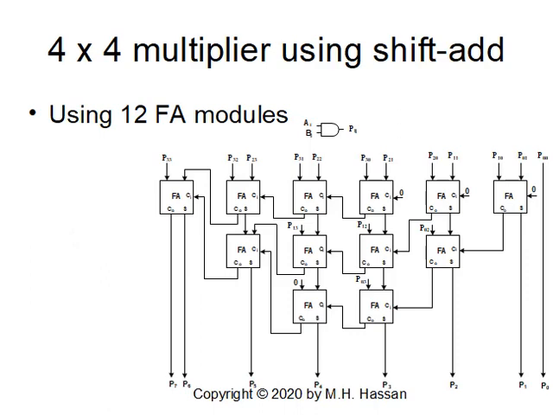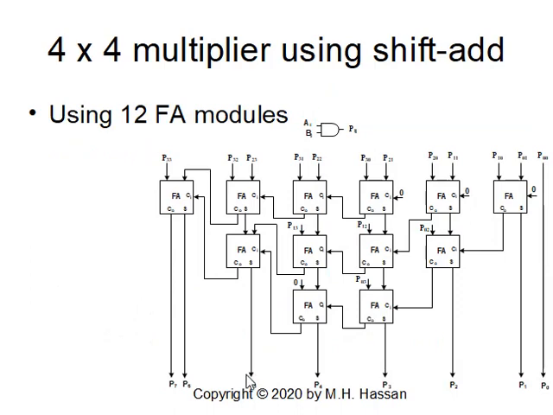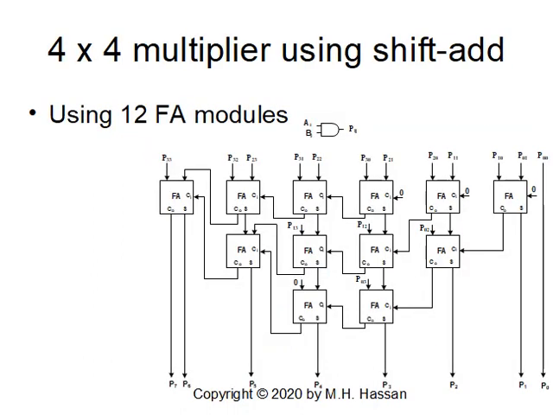The last 2 partial products, the ones before the last, A3B2 and A2B3, or P32 and P23, will give me P5, along with 2 carries. So we need 1 full adder to add the carry with the last partial product, which is P33, to give me the sum, which is P6, and the carry out, which is P7.